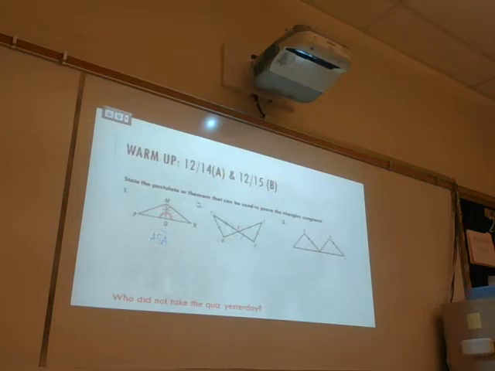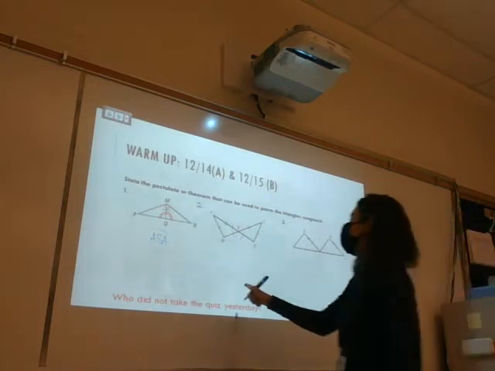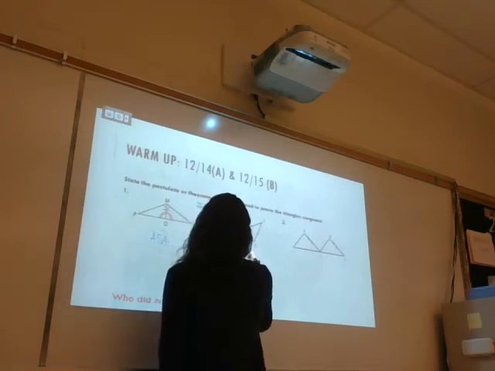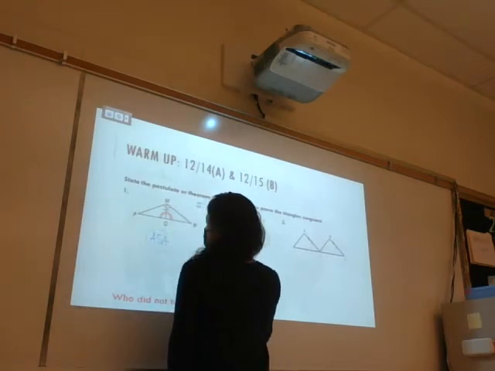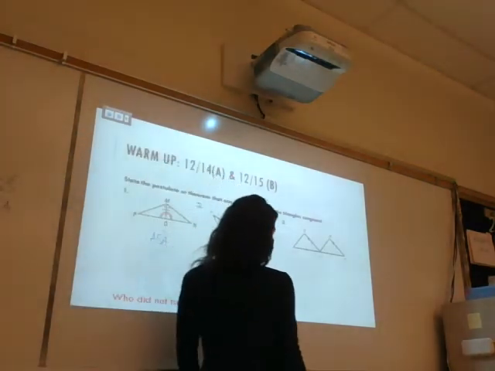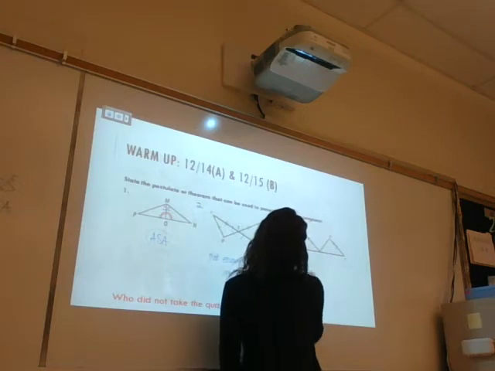If I said SSA, it's just that bad word backwards. So this would be not enough information. And again, the reason is that we cannot use ASS or SSA to prove triangle congruence. They don't work.